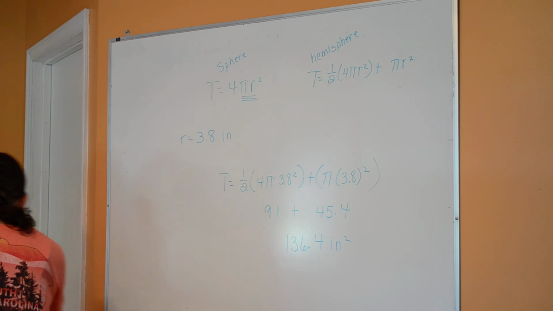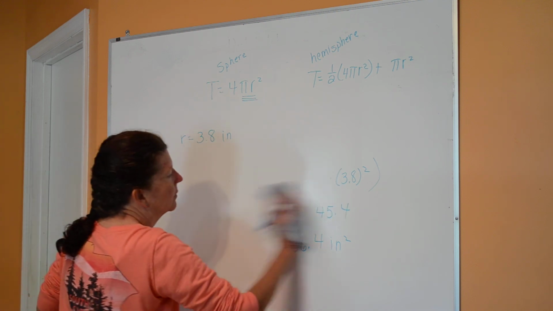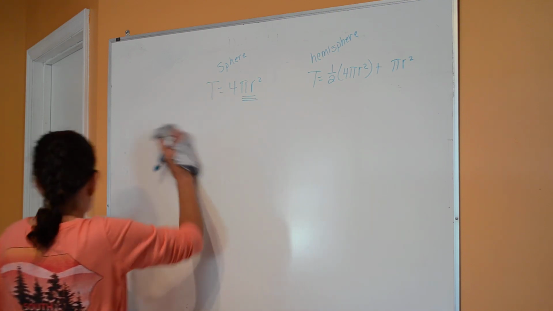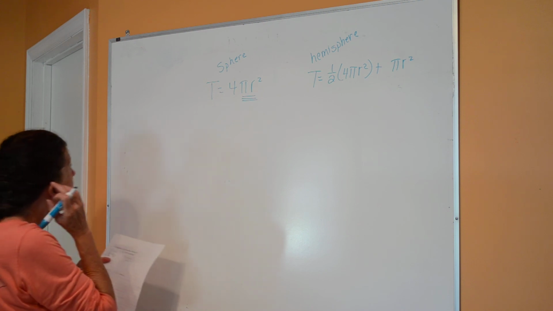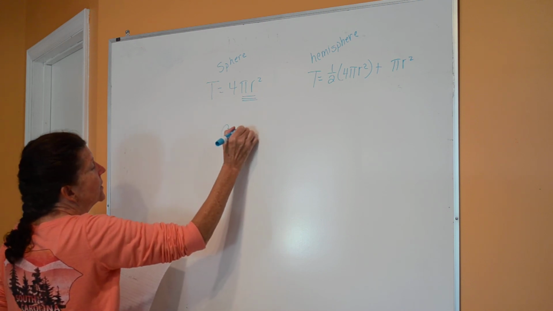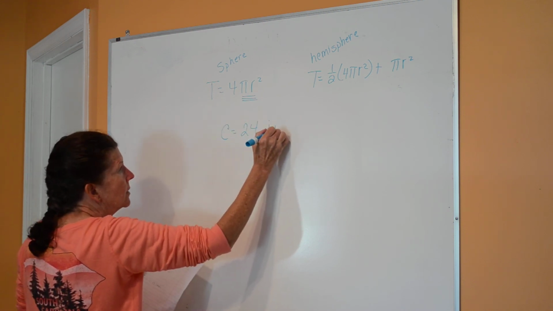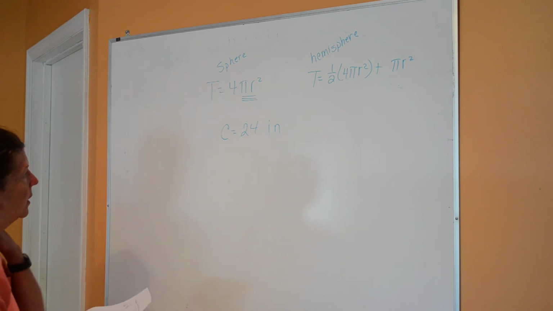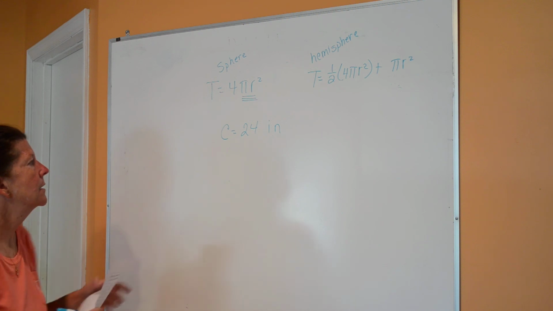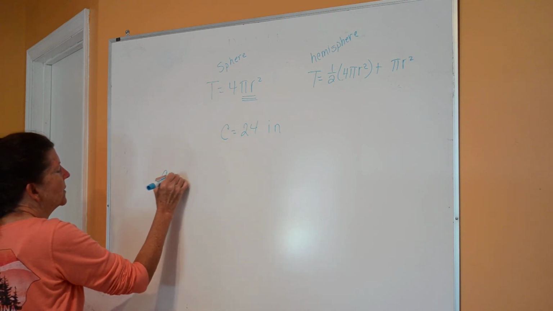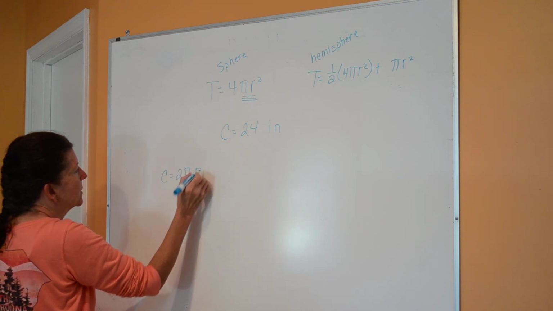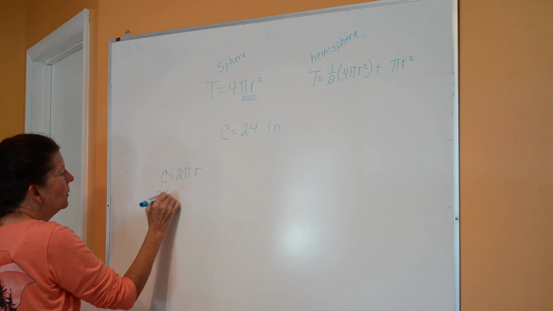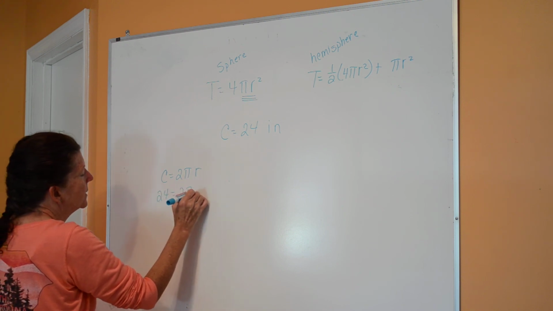All right, one more and then I'll give you your homework. Surface area of a ball, if the circumference is 24 inches. Go ahead and try that, pause the video and come back. I want to use this to find my radius. So circumference is equal to 2 times pi times r. So 24 is equal to 2 pi times r.